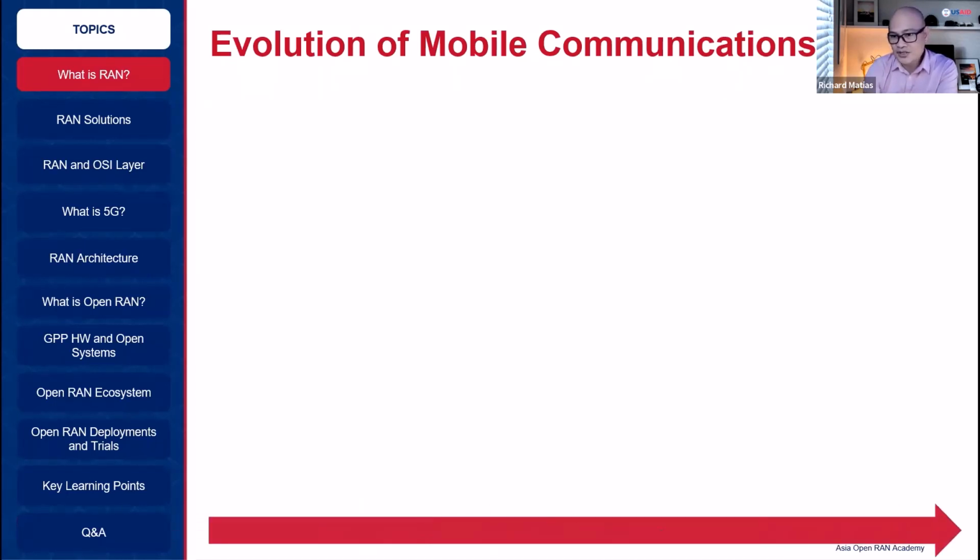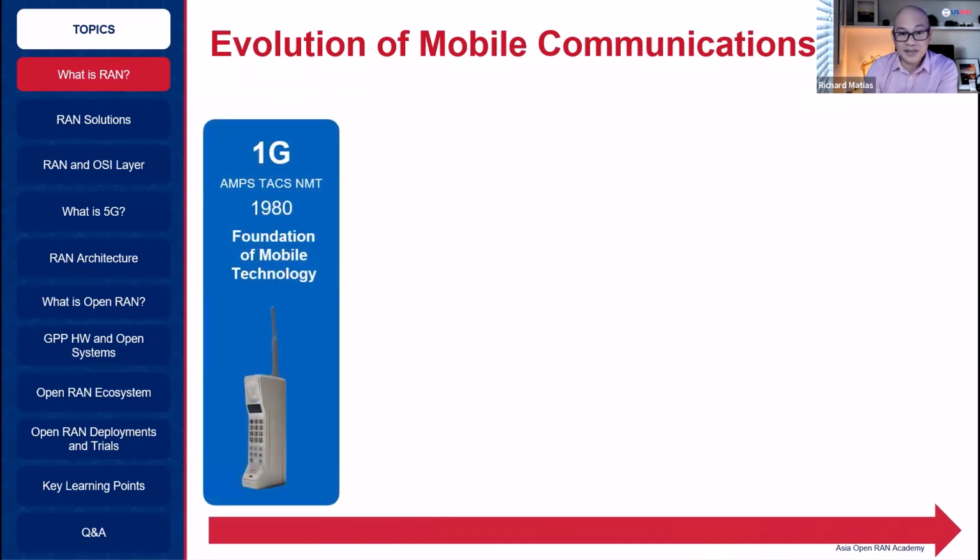So the first generation of mobile communication was analog. You will hear the words AMPS, okay? The Advanced Mobile Phone System developed in North America, NMT, the Nordic Mobile Telephony, developed by government controlled public telephone network operators. And we have the TACS, the Total Access Communication System used in the United Kingdom.